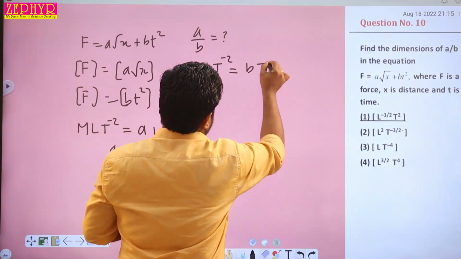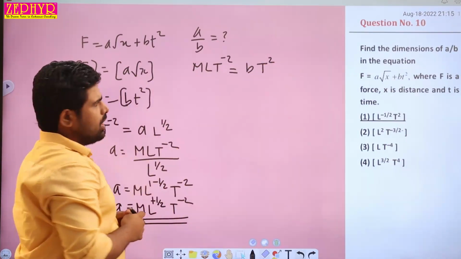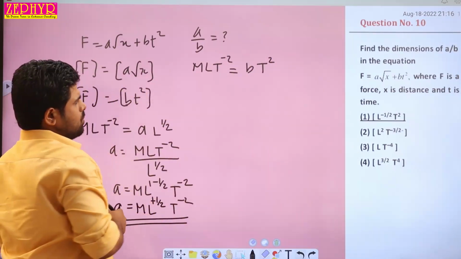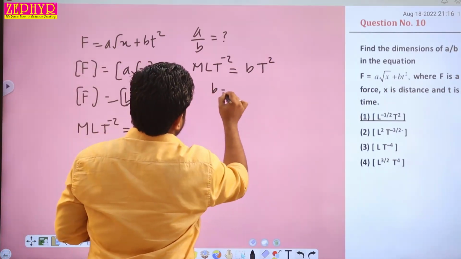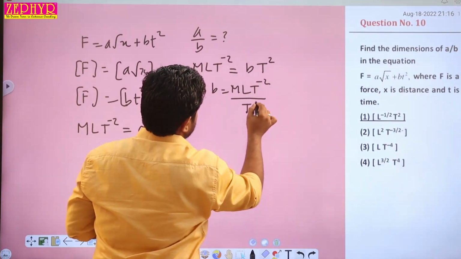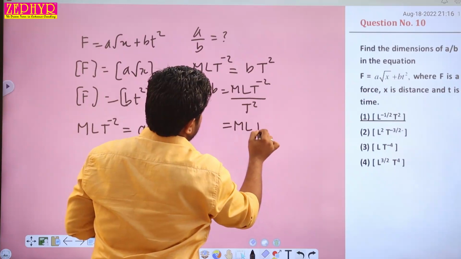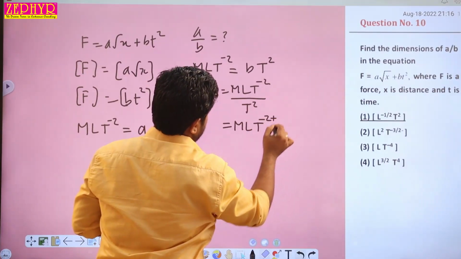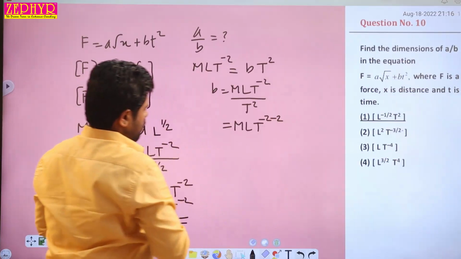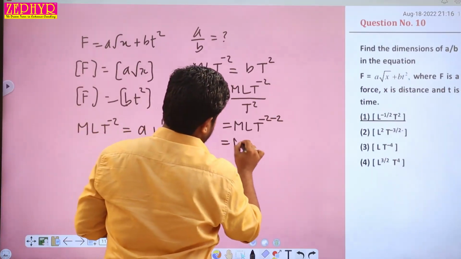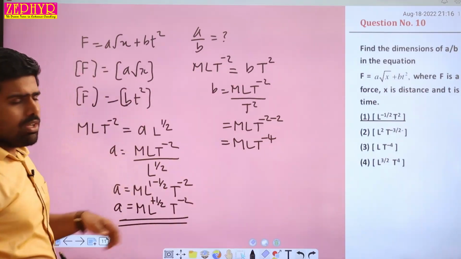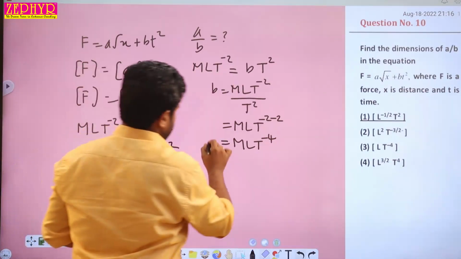The dimension of t is capital T, and its square is T square. So now B is equal to MLT raised to minus 2 all divided by T square. So it is equal to MLT raised to minus 4. This one is the dimension of B.